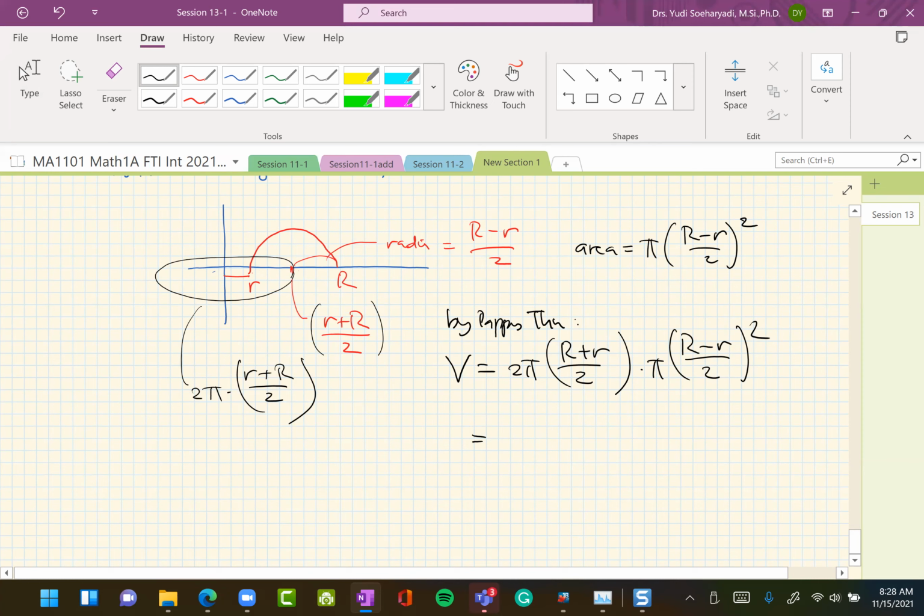All right, so let's see. This cancels, so this remains, so pi. And here you have r plus big R, capital R plus small r, is minus.